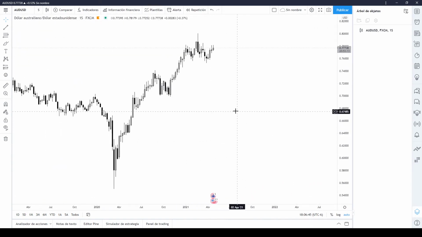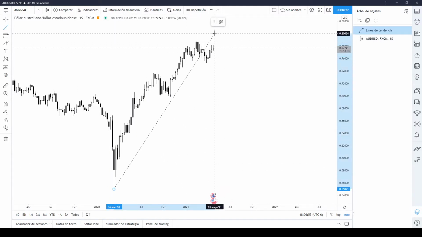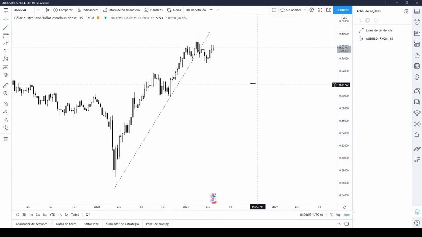If you see this uptrend, right now the market is about to switch from a bullish environment to a bearish environment. If price keeps pushing up, then we will continue looking for buy opportunities.